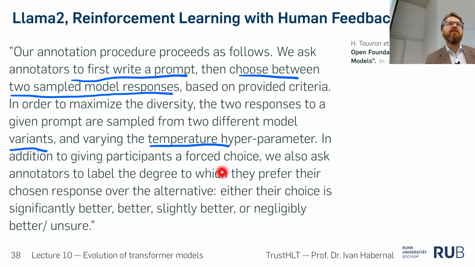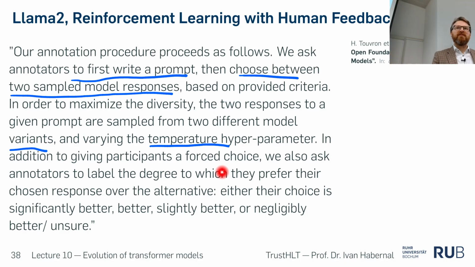So what is the temperature? It's how deterministic the output of the model is, like the probabilities. It means how uniform or non-uniform the probabilities are. Yeah, in a way, it's reweighting the softmax over the vocabulary generation.